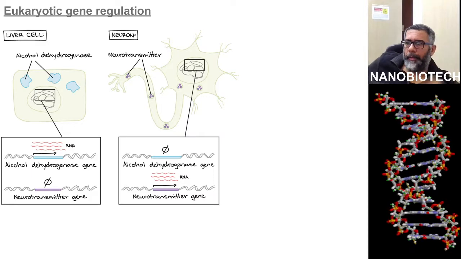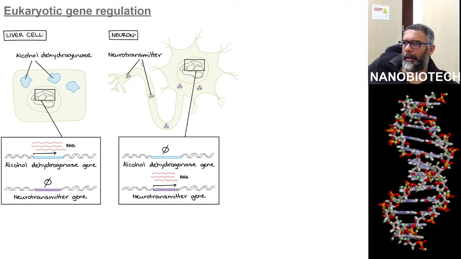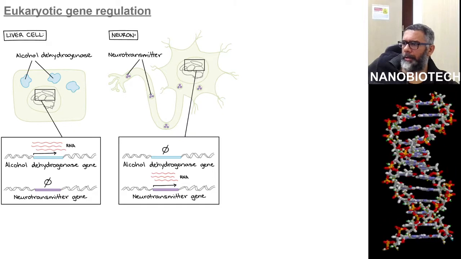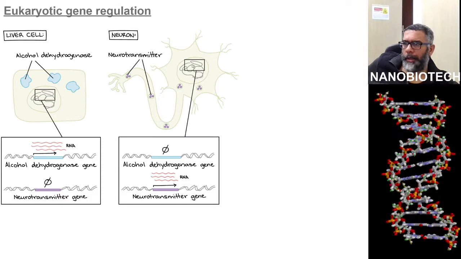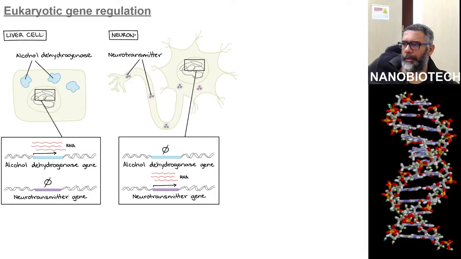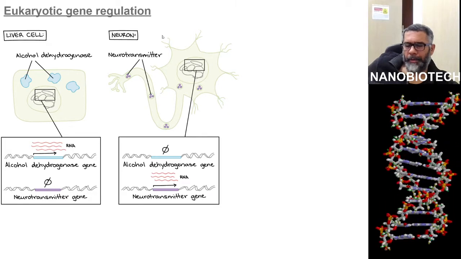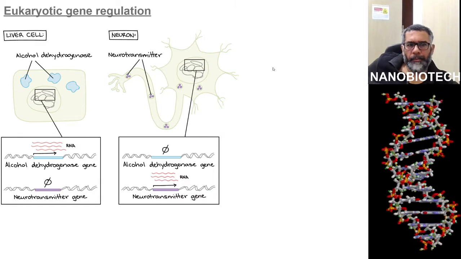For example, this is how the neuron cell looks and its structure, etc. And on the other hand, this is the liver cell. Structurally, they are very different. Although they contain the same set of information inside the nucleus, their appearance and their function, everything is completely different.